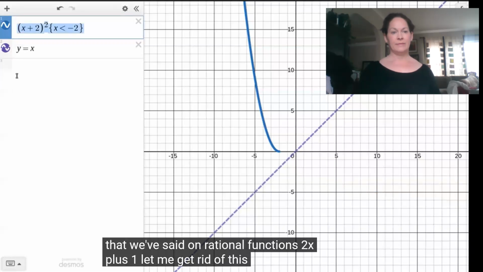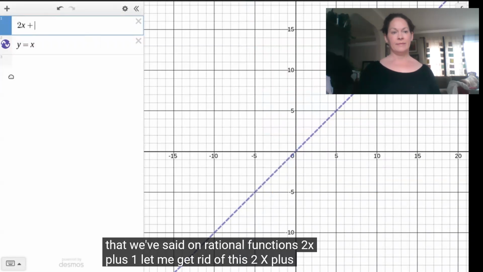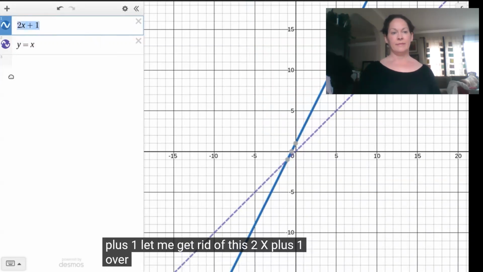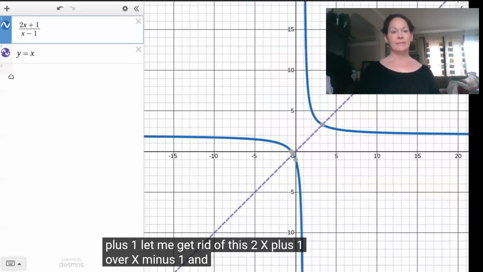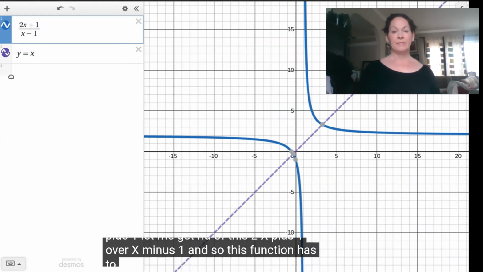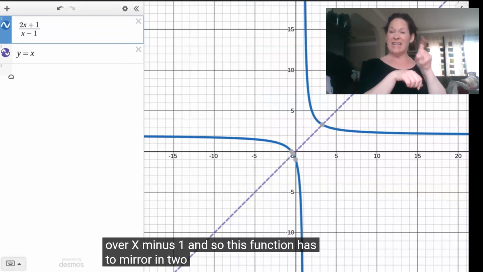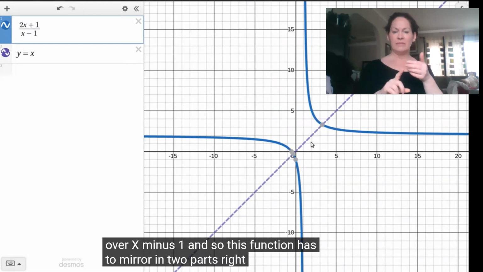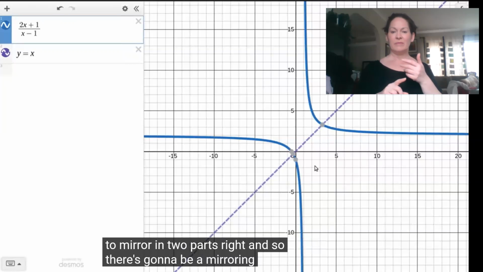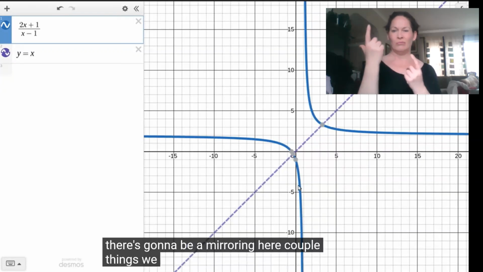And so this function has to mirror in two parts, right? And so there's going to be a mirroring here. A couple things we can see from this.